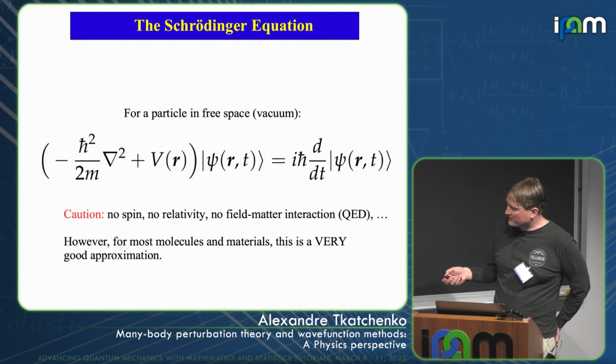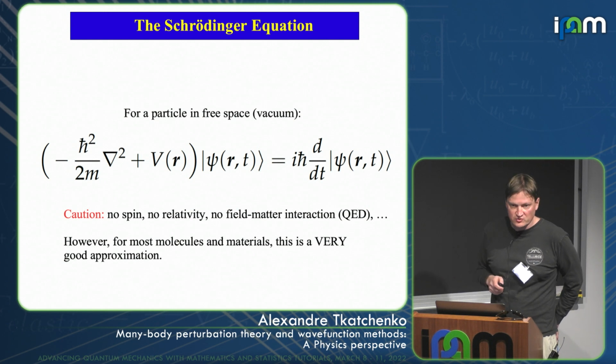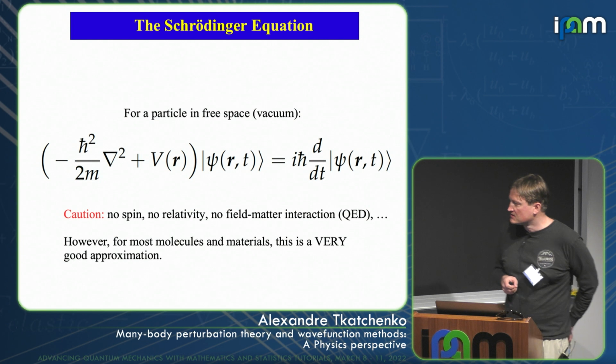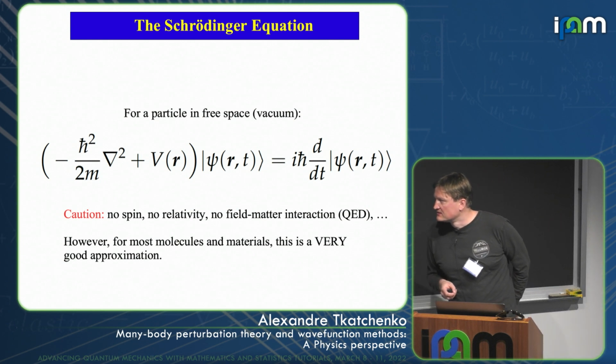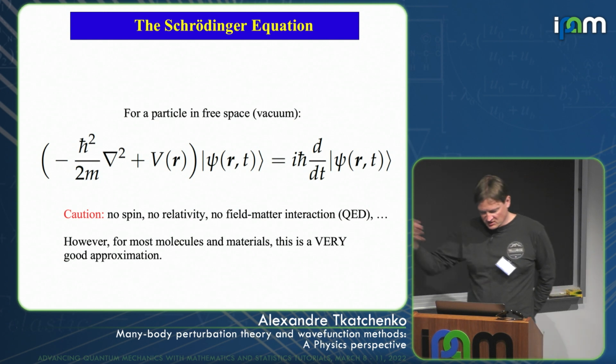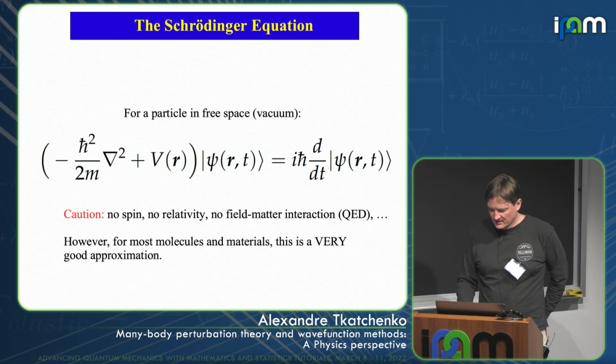The next talk after my talk actually will concentrate on QED, so how do you go beyond this? However, for most molecules and materials, this Schrodinger equation generalized to a many-body system is, of course, a very good approximation. And that's why we use that as a standard model for chemistry and material science and a lot of physics.